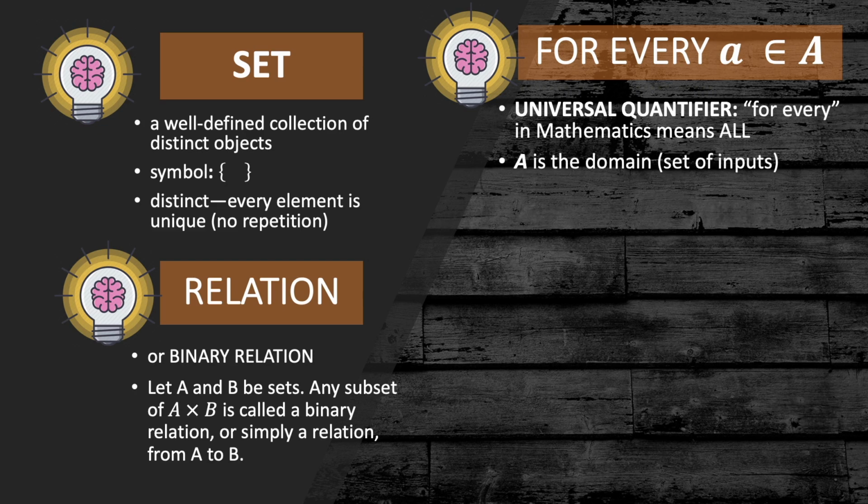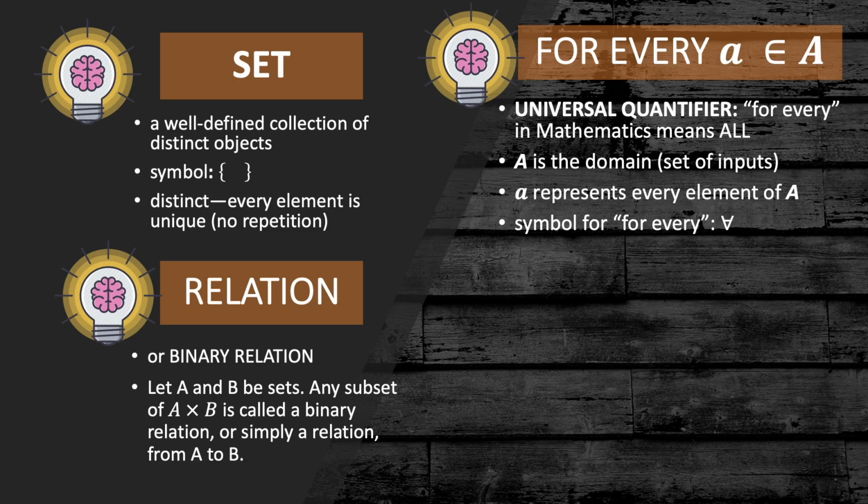In other words, it is the set of inputs or x values, while small letter a represents each x value or input we can find in our domain. Just to let you know, the symbol for every or for each looks like an inverted capital A, right?